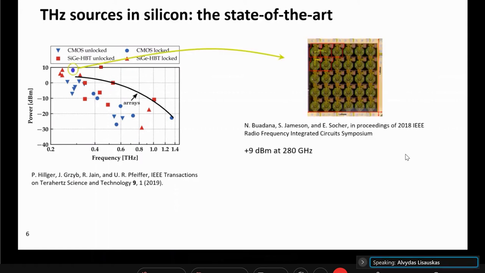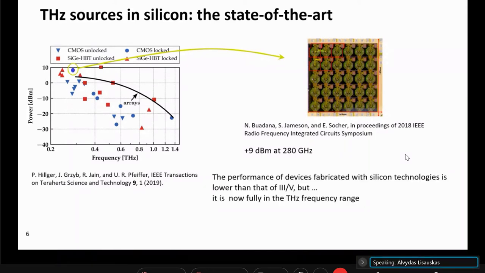And nice results with 10 milliwatts come exactly from the power of MMIC technologies, where you can make matrices of devices. Here are 30 devices, or at a point here at 400 gigahertz we have 64 devices. I will come to this transparency later at the end of the talk. So, the first message is that silicon is a good material also for terahertz, and one can create a lot of interesting designs.